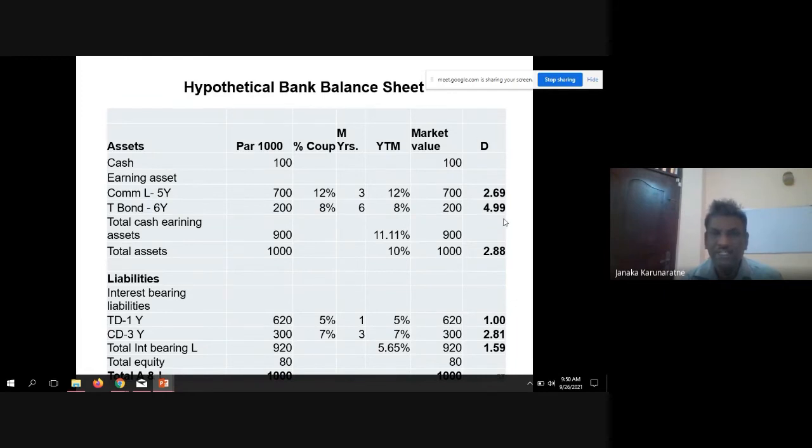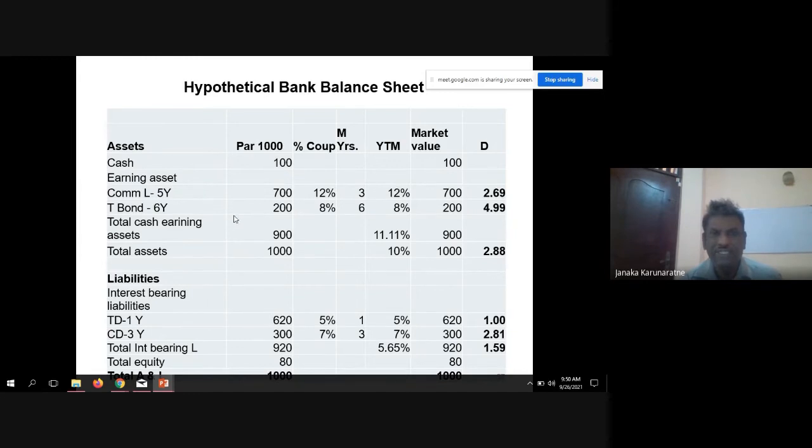So the duration, now when you compute the duration of this 3-year maturity loans are only 2.69. 2.69, right?